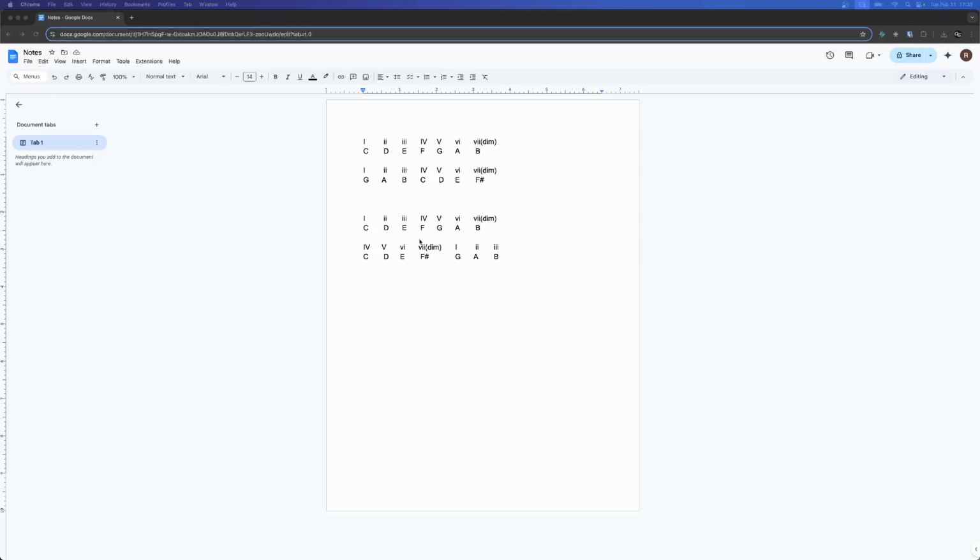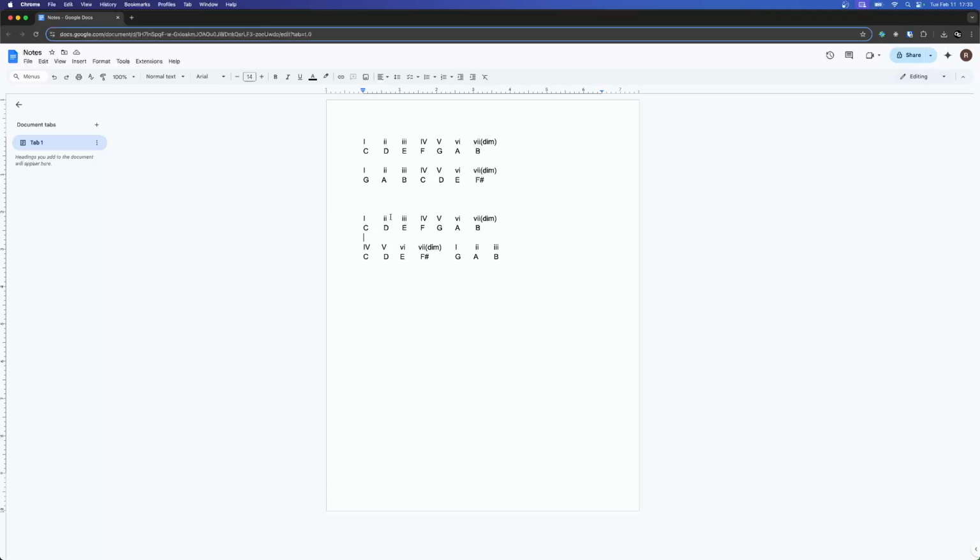So normally in music, we don't say that we're going from C major to F major to A minor to D minor back to C or anything like that. What we do is we actually use these Roman numerals to indicate the actual chord progression. If it's a big Roman numeral, a capitalized Roman numeral, that means it's major.